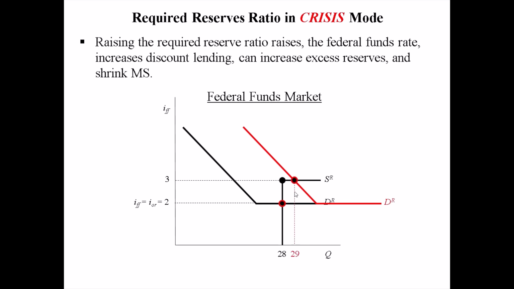So in this situation, the required reserves ratio being increased causes an emergency situation where banks now need to borrow from the Fed, and the total amount of borrowing will be about $1 billion here, right, to meet the new reserve requirement.